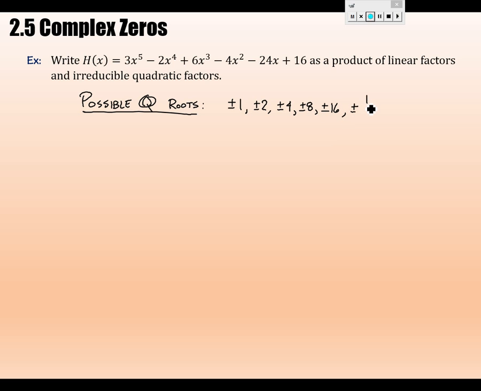All right, then all these things over 3 also, right? All right, there we go. We're getting good at that, writing that list out. It's not a problem. That's just a couple things to test. No big deal.